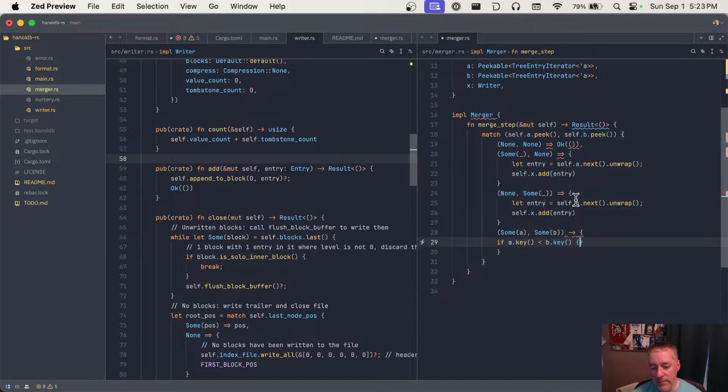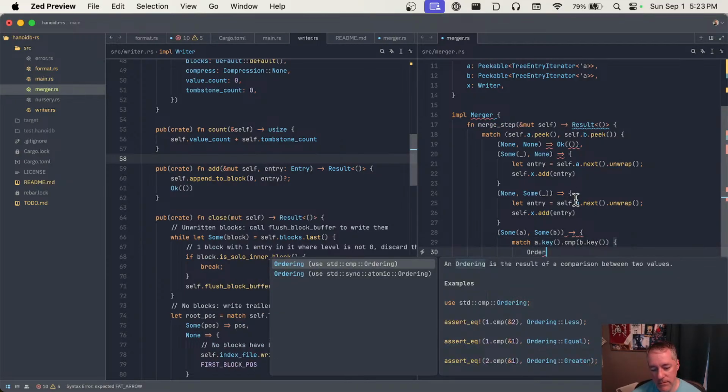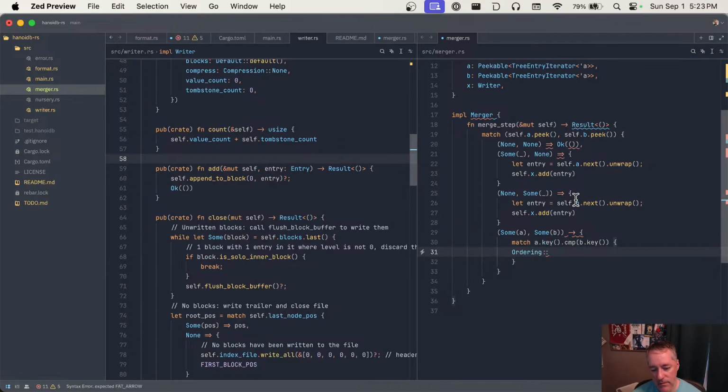Okay. So if A is less than B, or we could do comp, because they should be comparable. So A.key comp B.key. And this is going to return ordering less. This is getting a little crazy here.